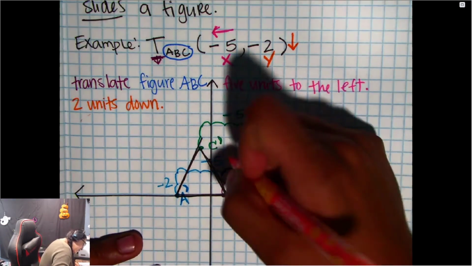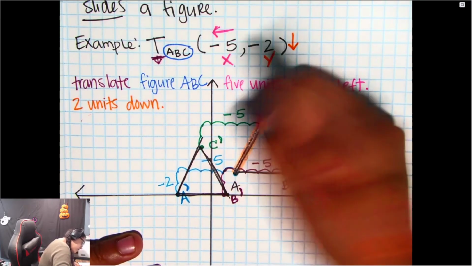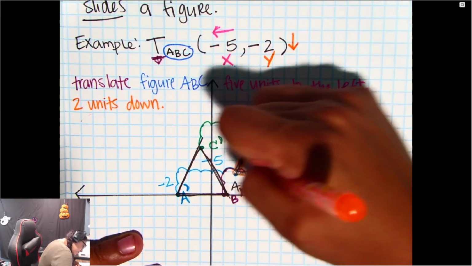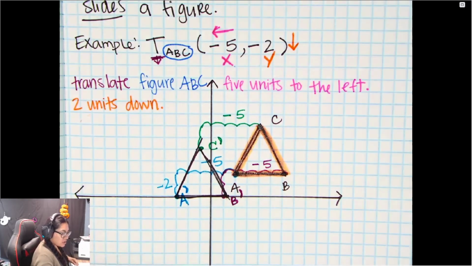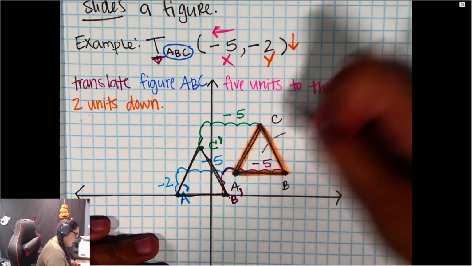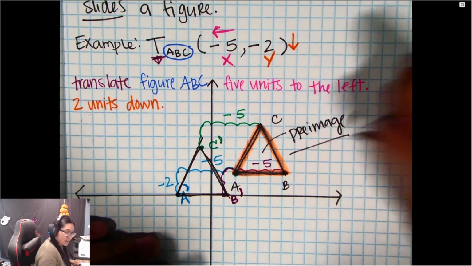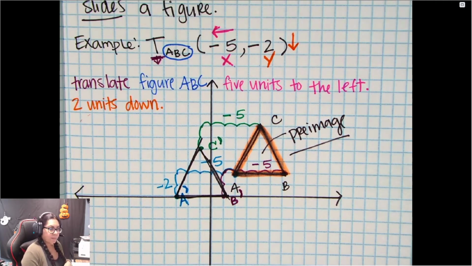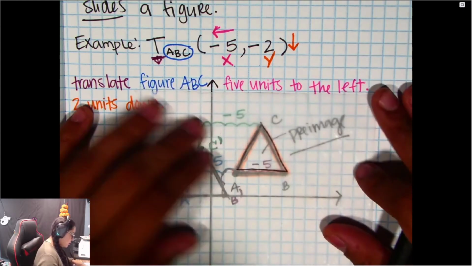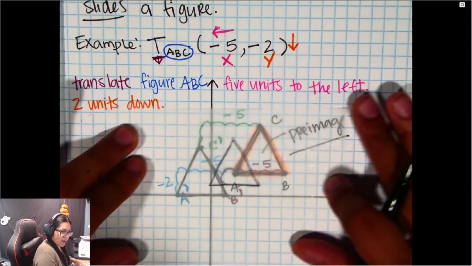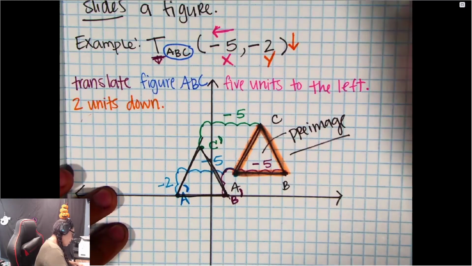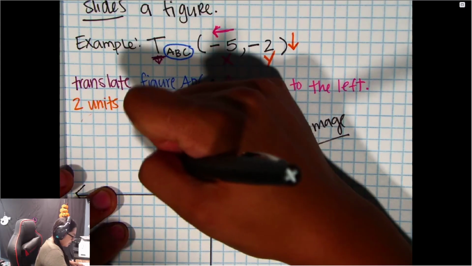This is the figure that we started off with, right? This is the one that we actually began with. Whichever figure you start off with, we label that your pre-image. Yes, label your pre-image. And then the new figure that we make after we translate, we would call that your image.